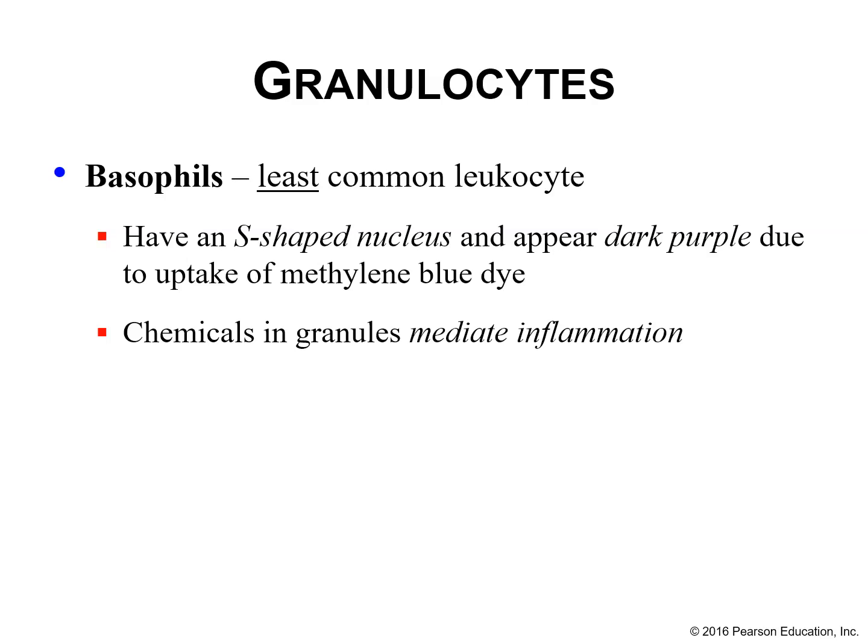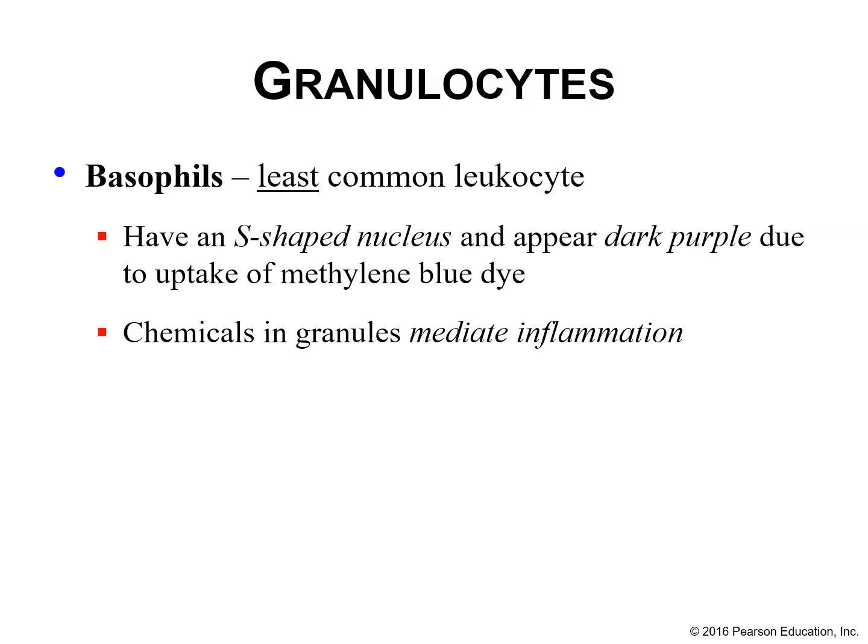Now, the basophils are the least common of your leukocytes. They represent generally less than 1% of your total white blood cells, usually between 0.5 to 1%. They generally have a bilobed or S-shaped dark purple nucleus because of the uptake of the methylene blue dye, the basic stain.